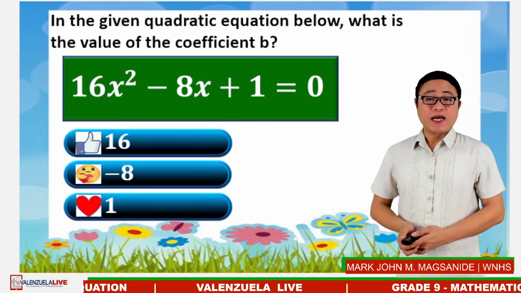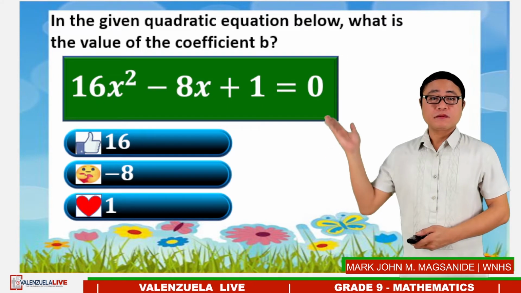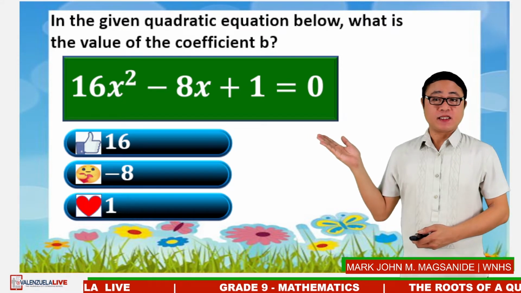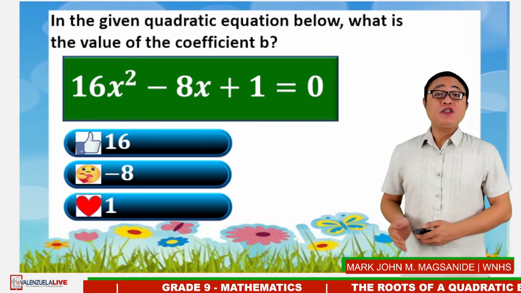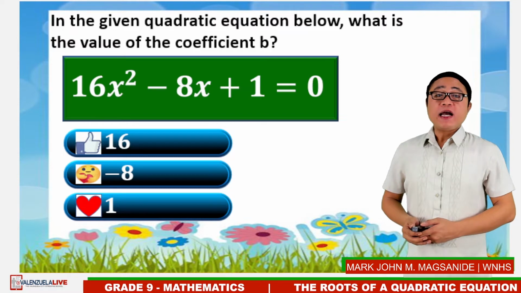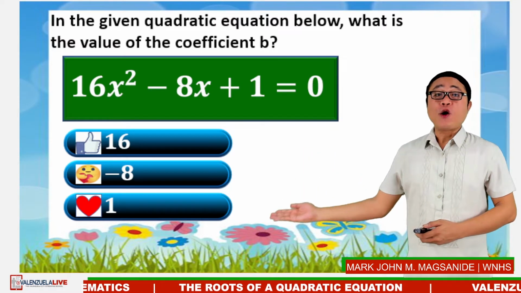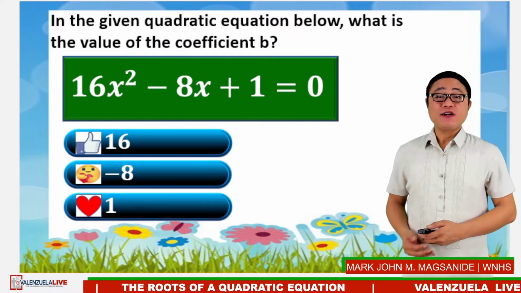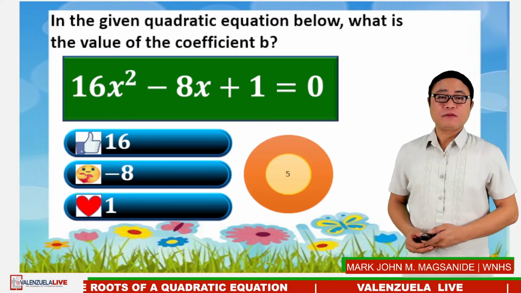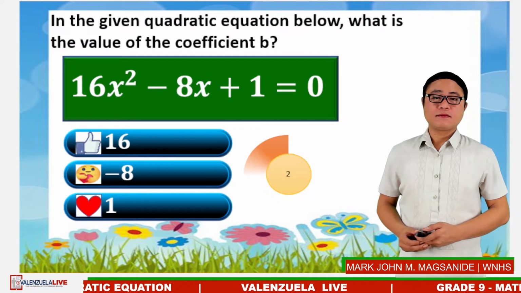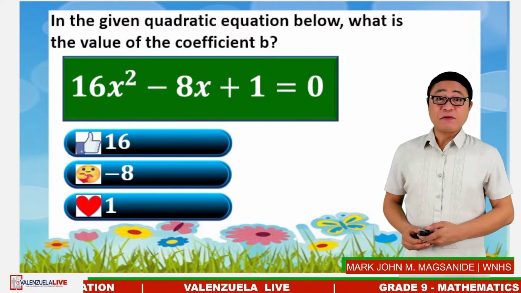Number 2. In the given quadratic equation below, what is the value of the coefficient b? Choose your reaction response. Is it A, like, care, or heart? Timer starts now. Time is up.